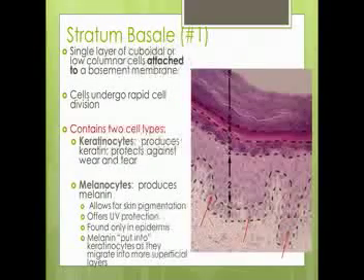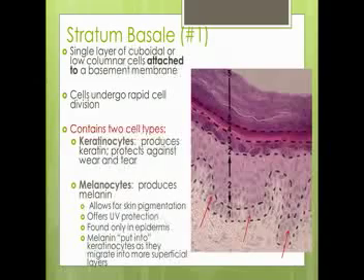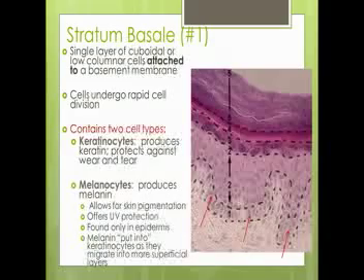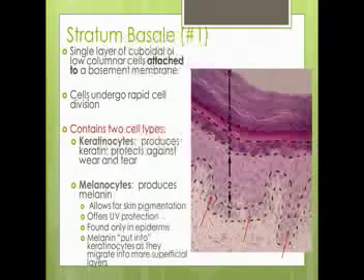Well, if melanin is being produced, we want it to get put into cells that are going to move in a superficial fashion. Therefore, the melanin is produced in the melanocytes, it gets put into the keratinocytes, and those keratinocytes move up to the superficial portions of the epidermis.